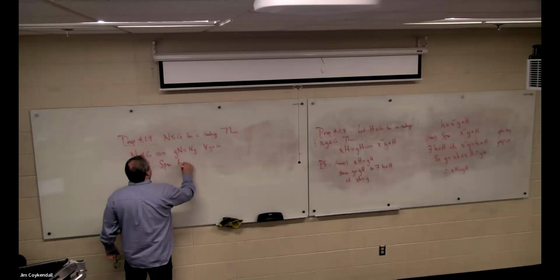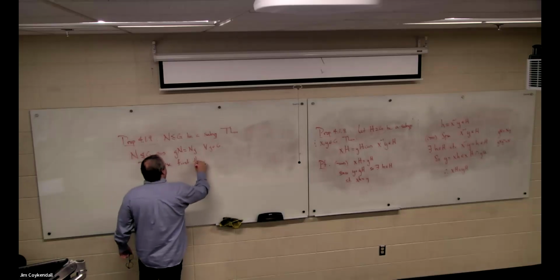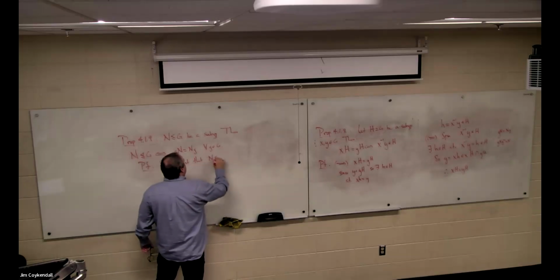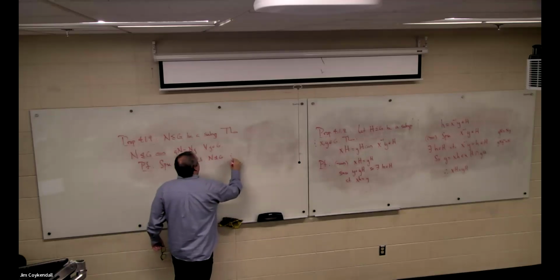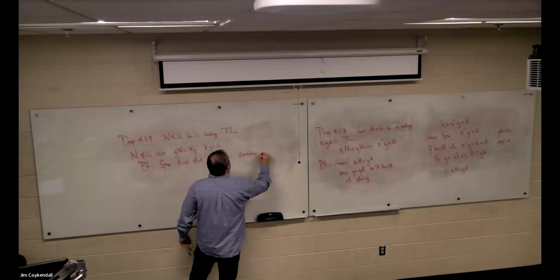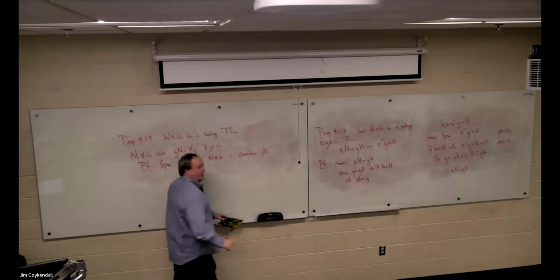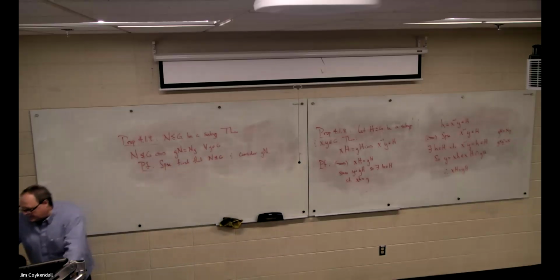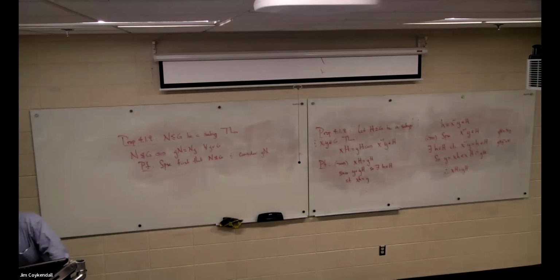Suppose first that N is normal and consider the left coset gN. Of course, what we want to do is show gN is equal to Ng.